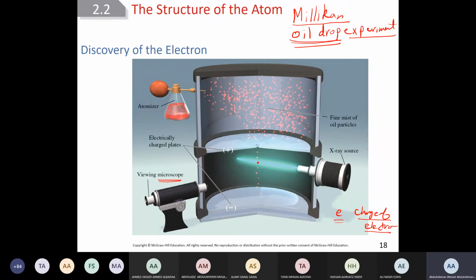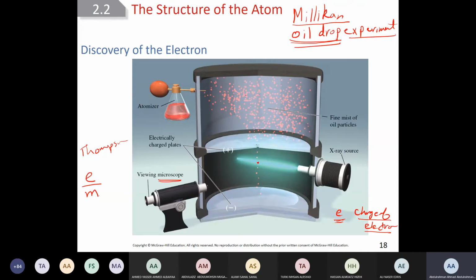All right. Then from the charge of the electron, then came what Thomson discovered. The ratio between the charge and mass. The charge to mass. This is Thomson. Okay, and then this is Millikan on the chart.